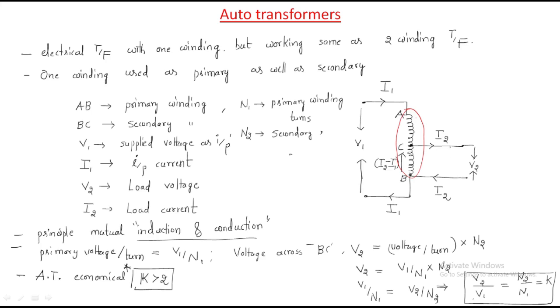And we have a very good advantage. That advantage is we can save more copper. Understand? So the weight of the copper savings we will find out here. The next topic is copper saving in the auto transformer. Why the copper saving?